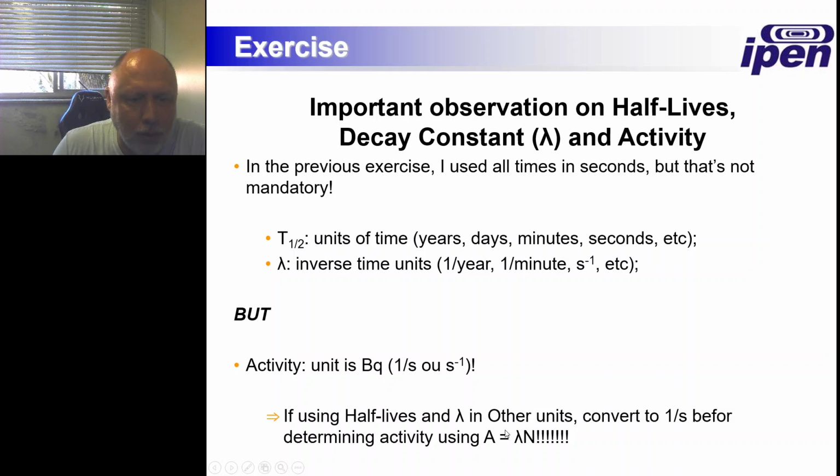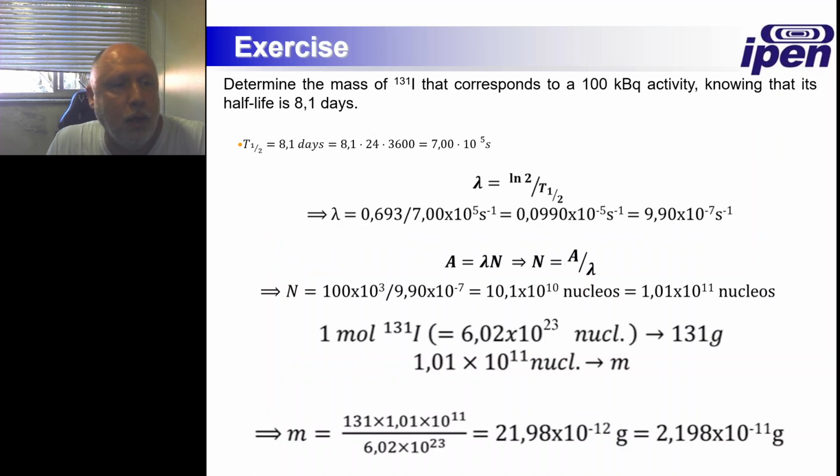If using half-lives or lambda in other units, you have to convert it to 1 over s, 1 per second, before determining the activity. If you feel more comfortable, you can do the calculations in seconds every time, no problem. But just know it's not mandatory for decay analysis, but it's important for activity determination.